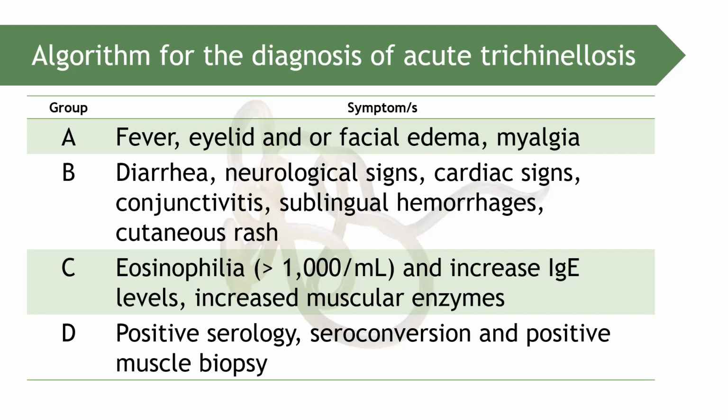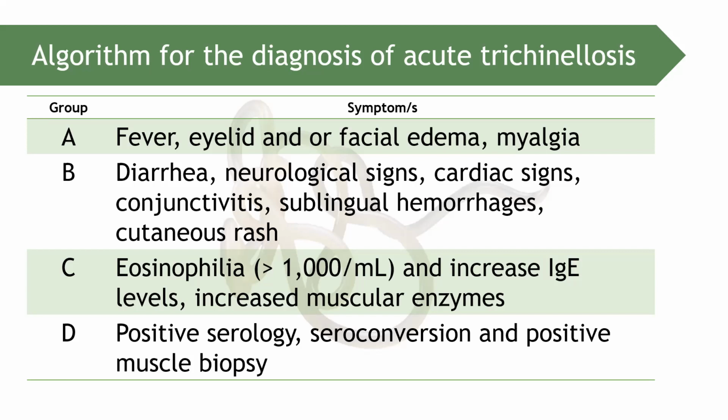Group C: eosinophilia, greater than 1,000 eosinophils per ml, and an increase in IgE, which is commonly seen in parasitic infections.